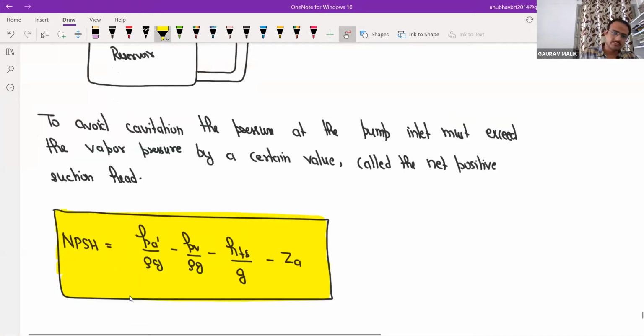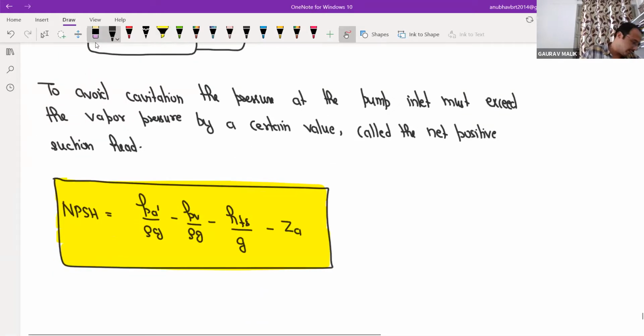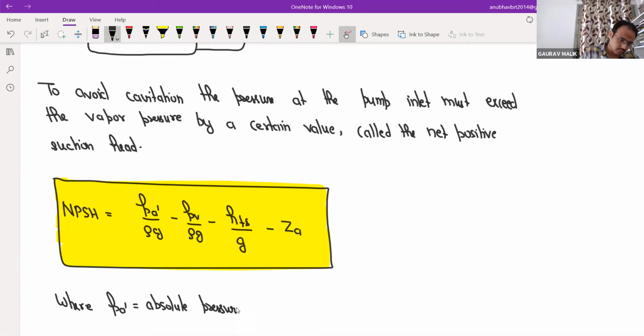NPSH is equal to this one. So what is PA prime? PA prime is the absolute pressure at the surface of the reservoir.